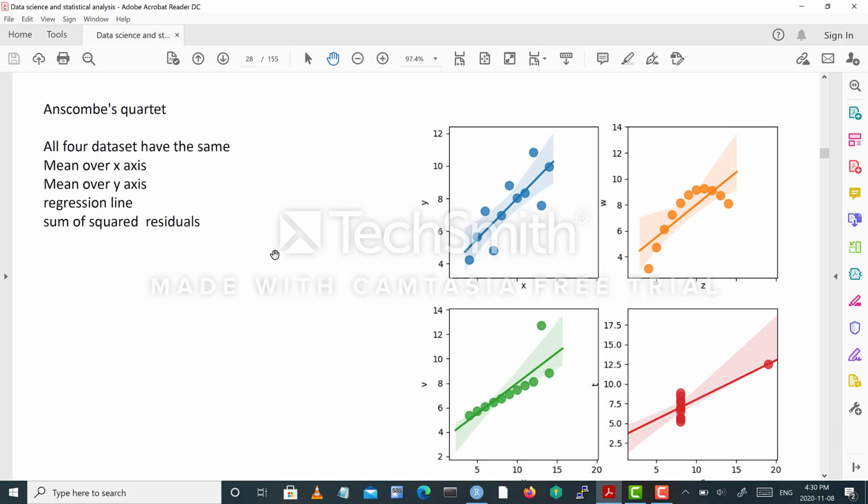All 4 data sets have the same mean over the x-axis, the same mean over the y-axis, the same regression line, and the same sum of squared residuals. We will see how to code this in the following sections.